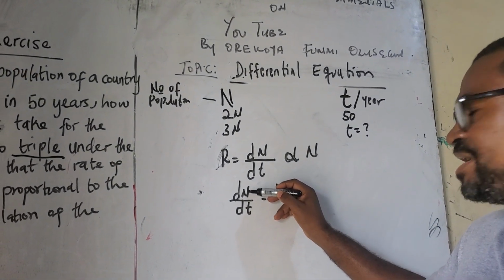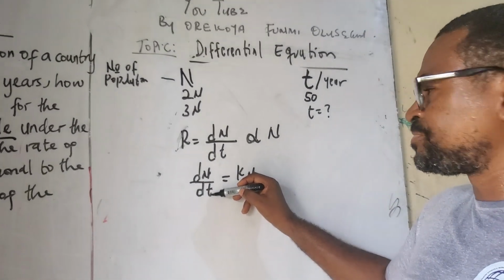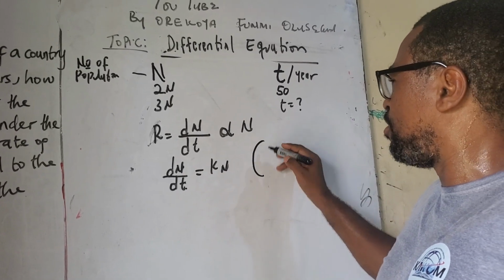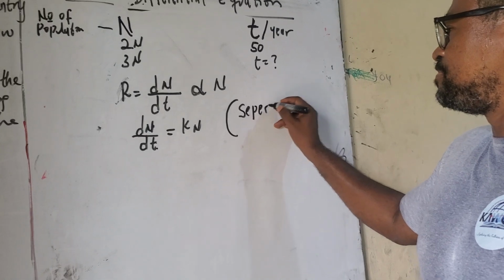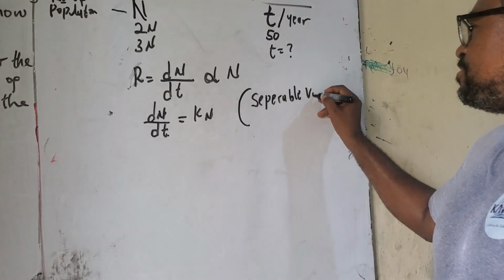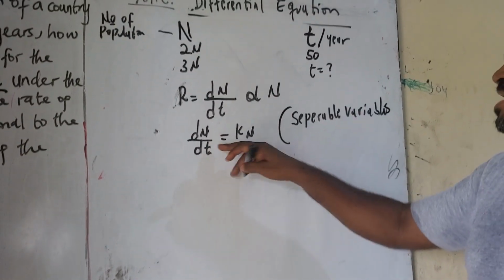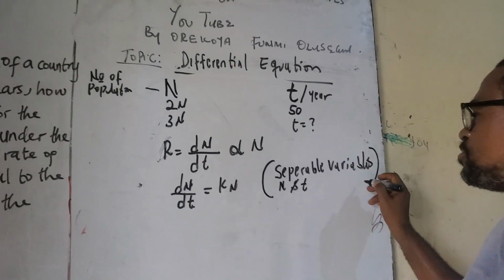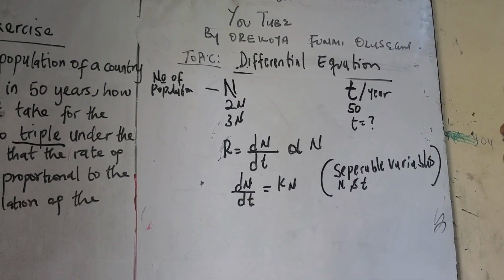The dependent variable here is n. The independent variable here is t. So what we are going to do now is use a method called separable variables. In this case, the variables we have here are n and t. So we want to separate them. Let all the n be on one side and t be on the other side.